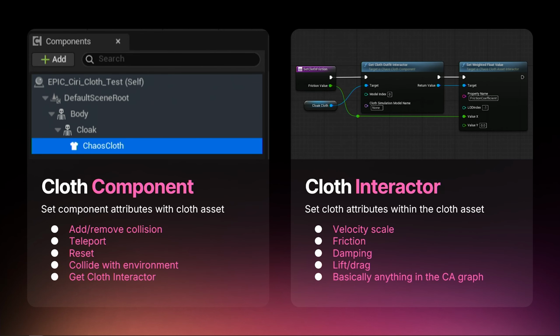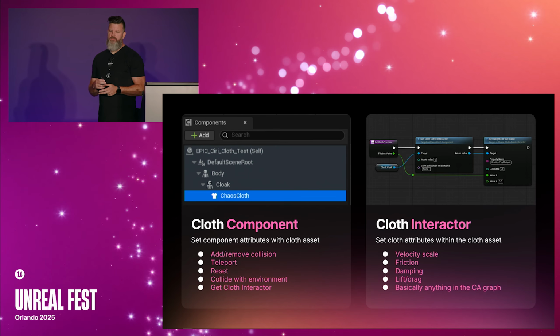Before we get too much further, I did want to talk about how it's important to understand the difference between the cloth component and the cloth interactor. The cloth component is the component itself, and it sets component-level attributes that affect the whole cloth, like adding and removing collisions, teleports, resets.